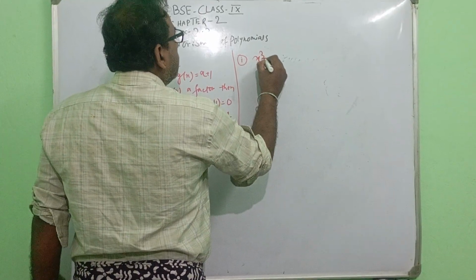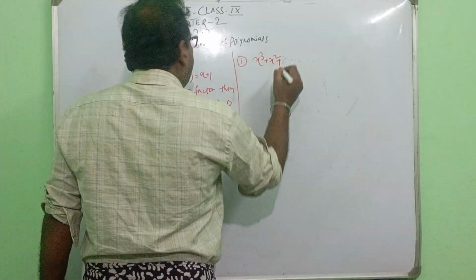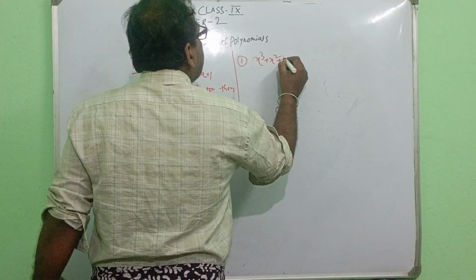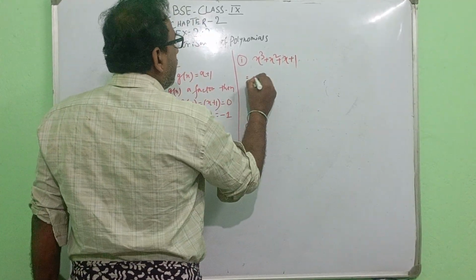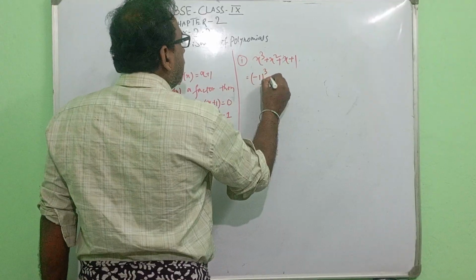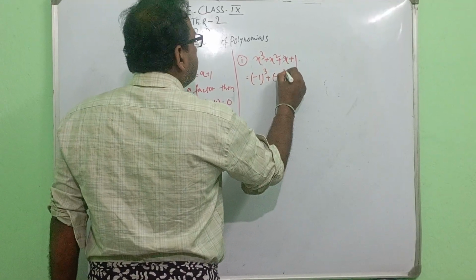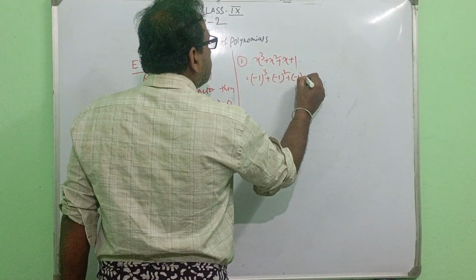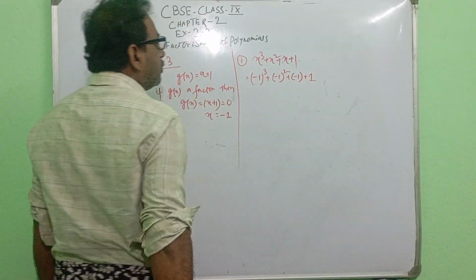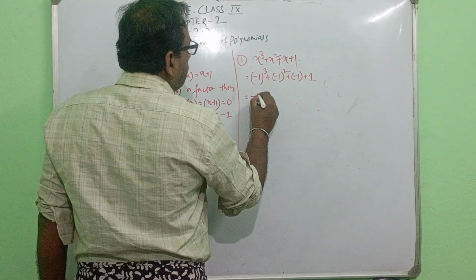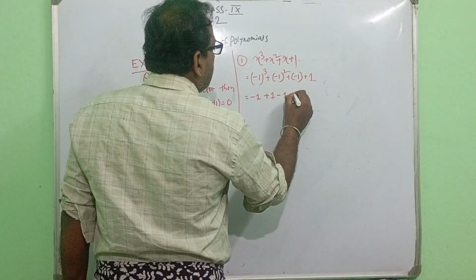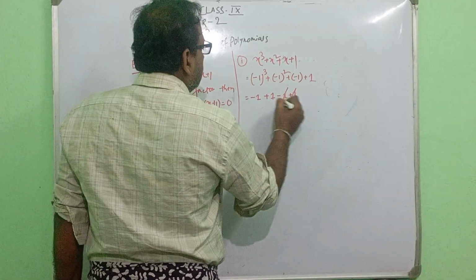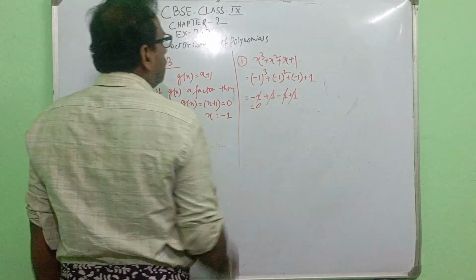x cube plus x square plus x plus 1. Now put minus 1. Now this is minus 1, this is 1, this is minus 1, this is plus 1.